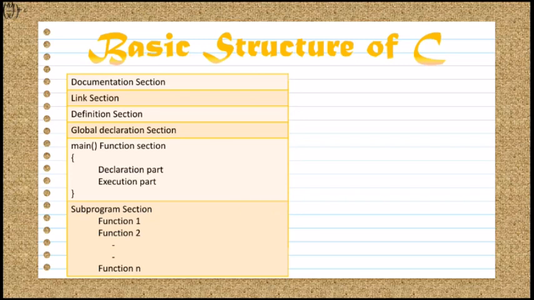All sections except the main function section may be absent when they are not required. So depending on the requirement, you can add or skip the sections available in C basic structure. But remember that every C program has to include one main function. So you cannot skip the main section.